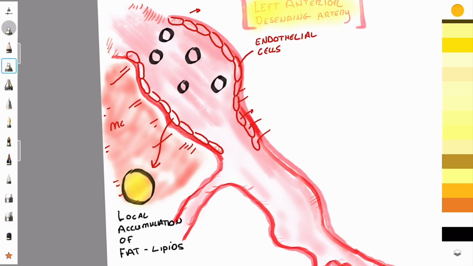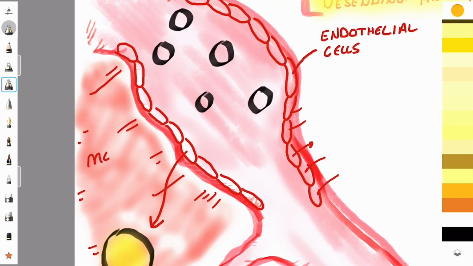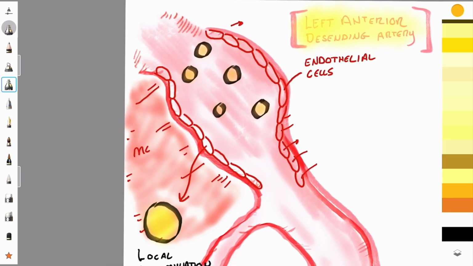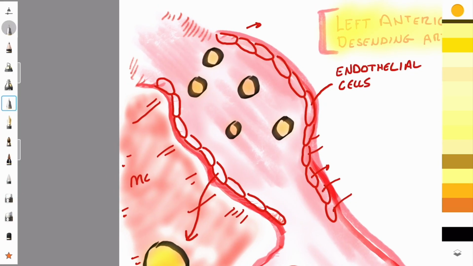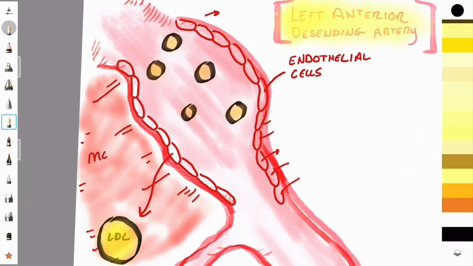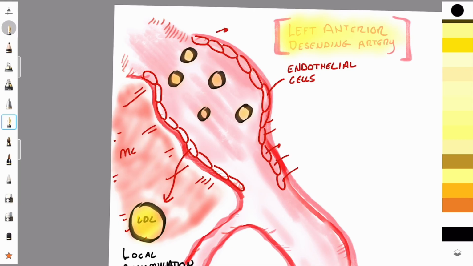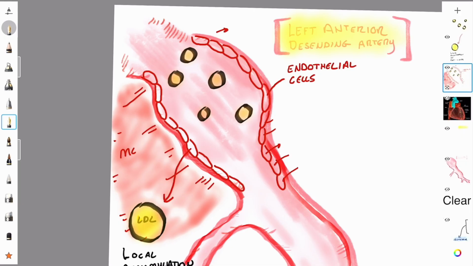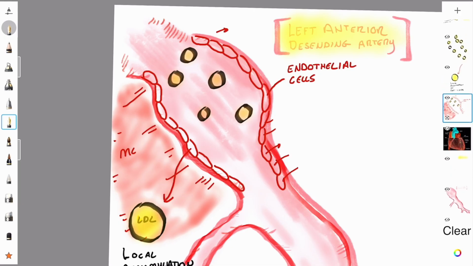And the poorer our diet, the more of these LDLs, let me color them in with this gross fat color here, the more of them are going to be present. I'll just say that these are LDLs. So these are also circulating with red blood cells through these arteries, and this is what can be problematic.